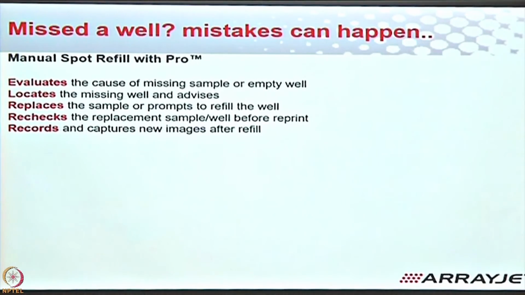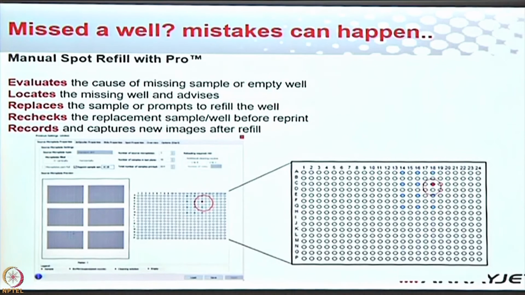And before it prints, it rechecks. So this is your plate map, this is what I showed you, this is your plate. Now remember, you've forgotten to fill this well, and that's okay. When you're doing the manual method, it'll go back to your print design and show you this is the place where your sample is missing.